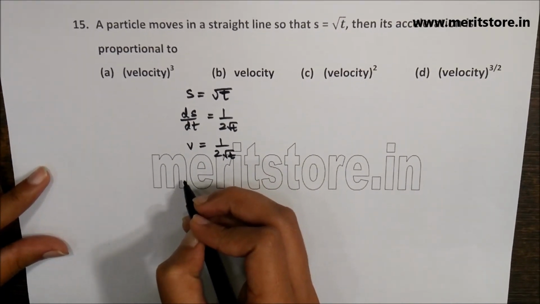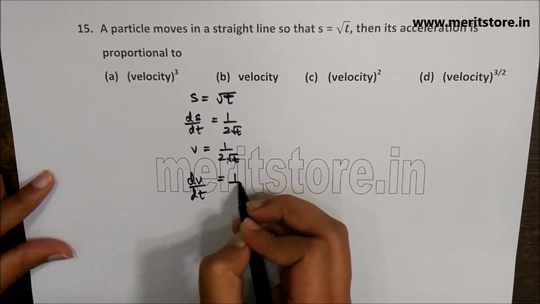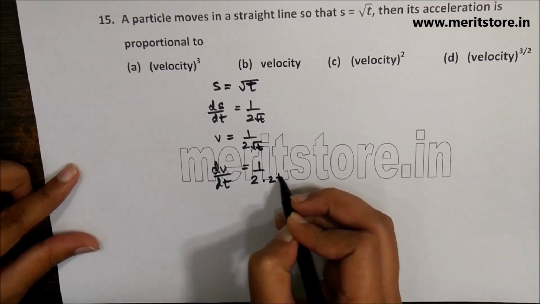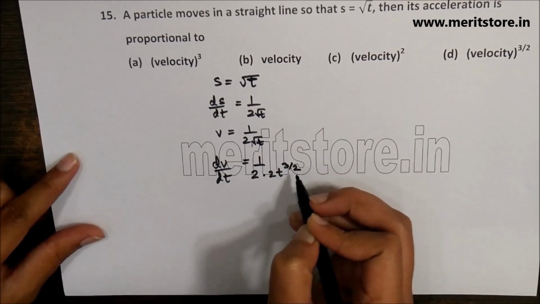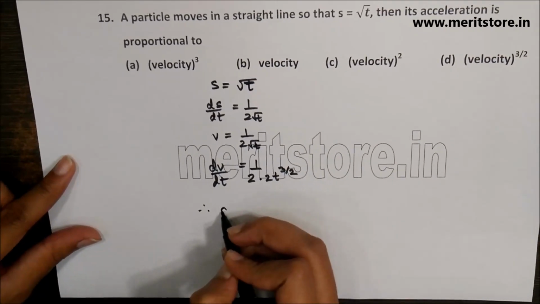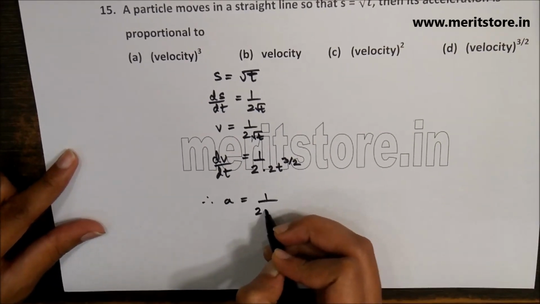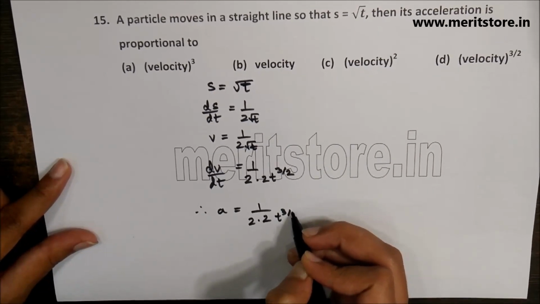Differentiating v again with respect to t, we get dv by dt, which is equal to 1 upon 2 dot 2 t raised to 3 by 2, which is our acceleration. So acceleration is equal to 1 upon 2 dot 2 t raised to 3 by 2.